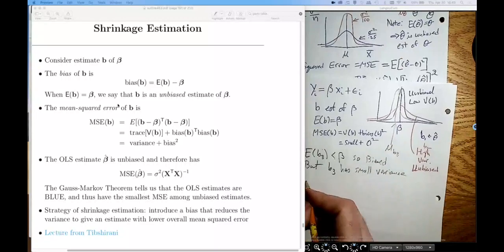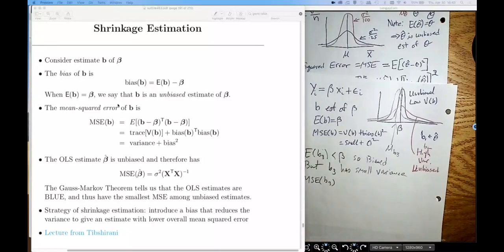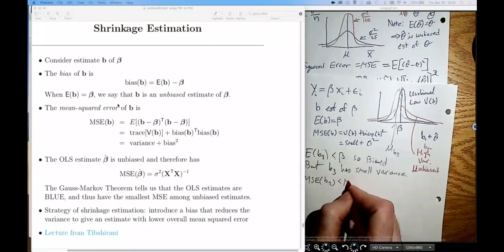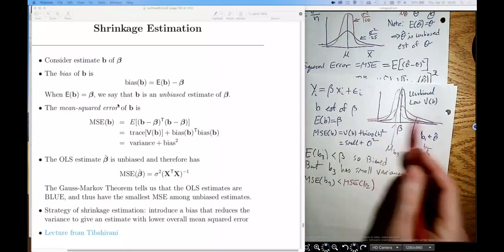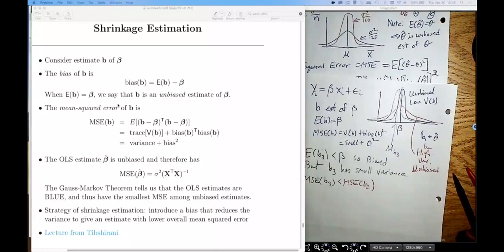So what I've tried to show here is the mean squared error of my pencil estimator is actually less than the mean squared error of my red unbiased but unstable estimator.